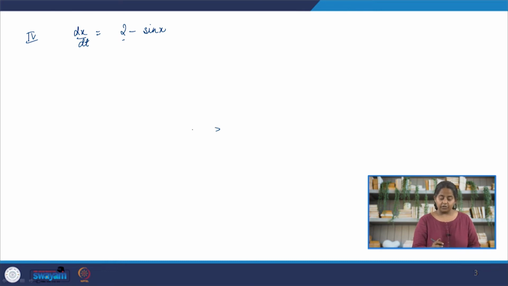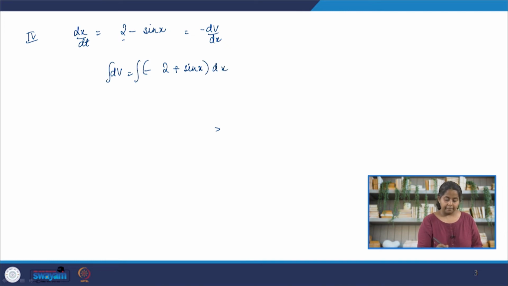So to use this approach, once again, we need to find a potential function so that dx/dt is equal to minus dV/dx. And this is again a very simple case of integration. dV is equal to minus (2 minus sin x) integrated with dx, and we'll end up with V is equal to minus 2x minus cos x.